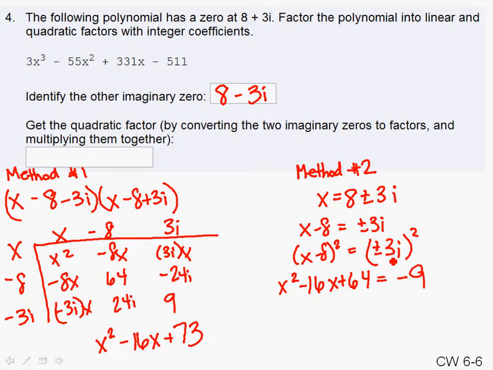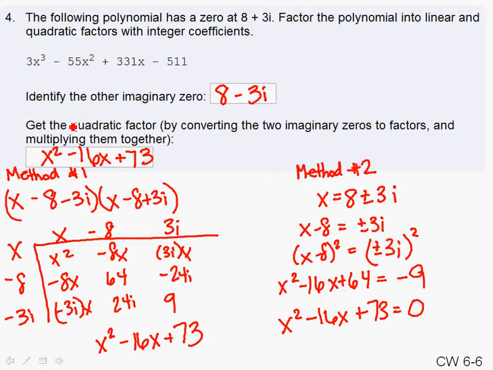Okay, 3 squared is 9, and i squared is negative 1. 9 times negative 1 is negative 9. Add 9 to both sides, we get x squared minus 16x plus 73 equals 0. Okay, as you'll notice, we got the same answer using both methods, so it's a matter of preference. So x squared minus 16x plus 73 is our quadratic factor.